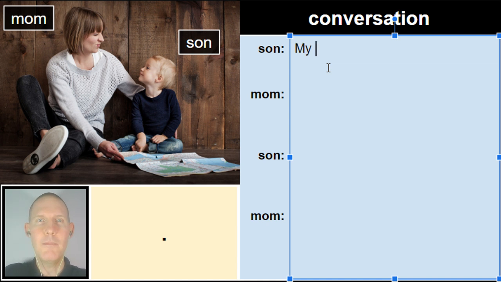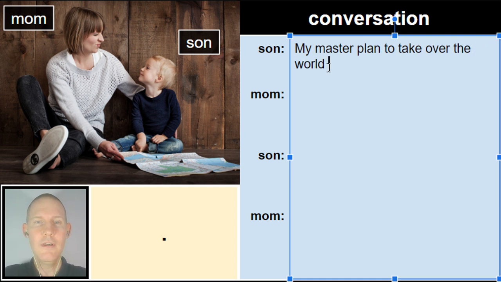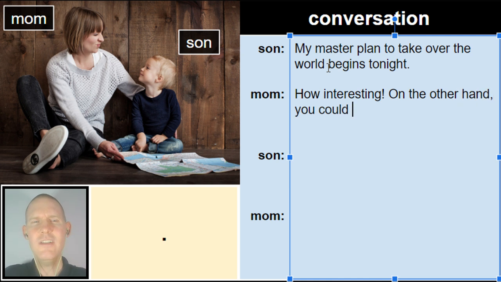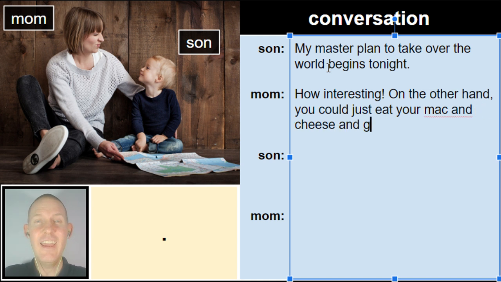He says, "My master plan to take over the world begins tonight." Mom says, "Oh, how interesting. On the other hand, you could just eat your mac and cheese and go to bed." Son, "What? Didn't you hear me?